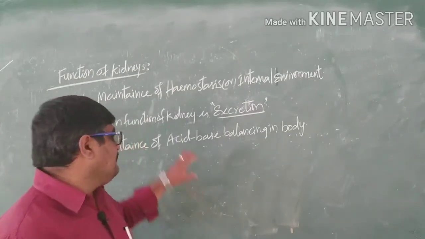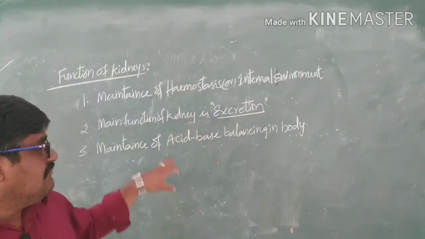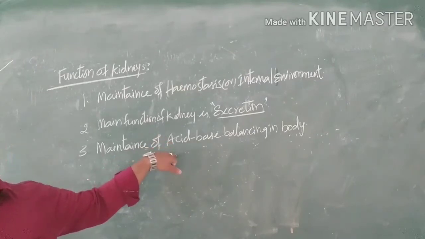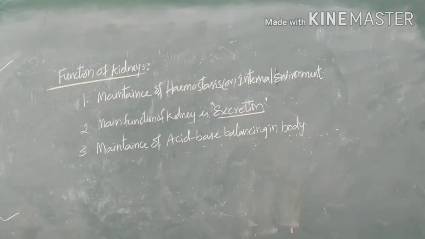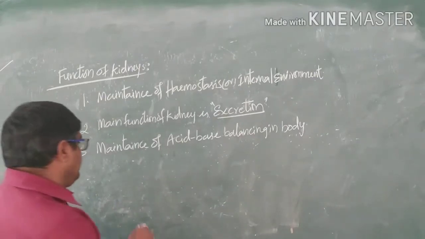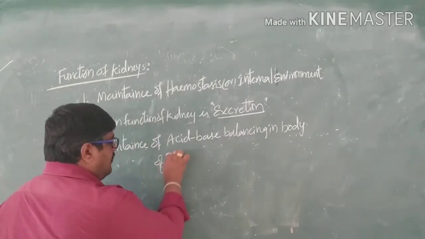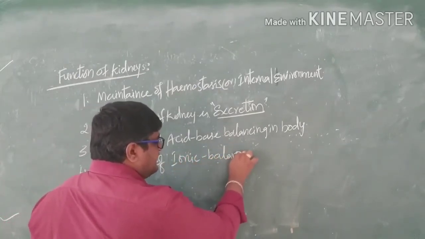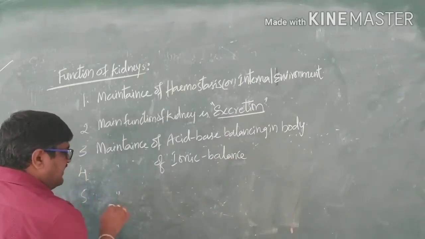So the acid base balance of the body is maintained by the kidneys. And also the fourth one is that it is helpful for the maintenance of ionic balance.